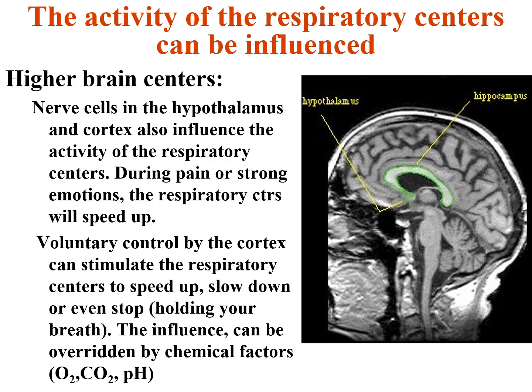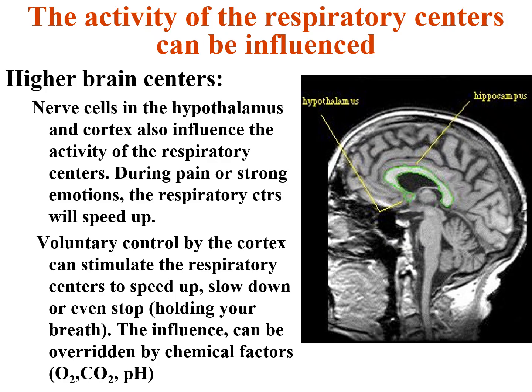Now, for example, during pain or strong emotions, the respiratory centers will speed up. This is why when you are experiencing a very emotionally strong response, like crying or anxiety or pain, it influences your overall respiratory rate. Even the voluntary control measures by the cortex can stimulate the respiratory centers to speed up, to slow down, or to even stop, like when we're holding our breath.